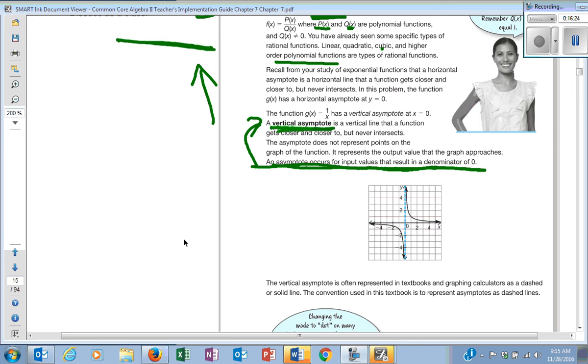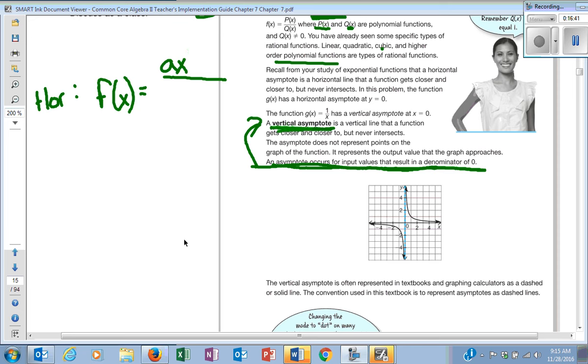So to find horizontal asymptotes, you go like this. You have f of x, and it equals some function on top, which will look like this, with an a x to the m power plus dot dot dot, because maybe there's more stuff after it. And you've got b x to the n plus dot dot dot.